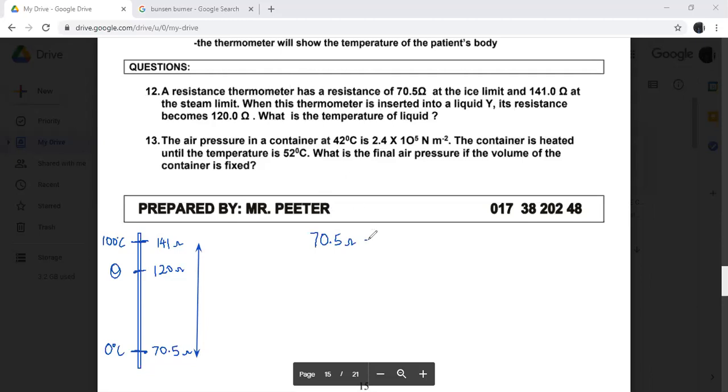So 70.5 ohms are equal to 100 degrees Celsius in change of temperature. Now we're going to measure the change from 70.5 to 120. So 120 minus 70.5, we end up getting 49.5.